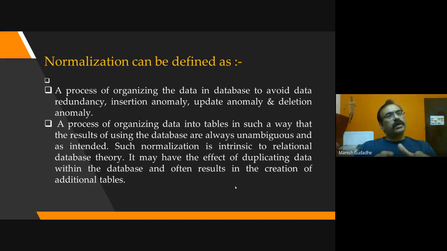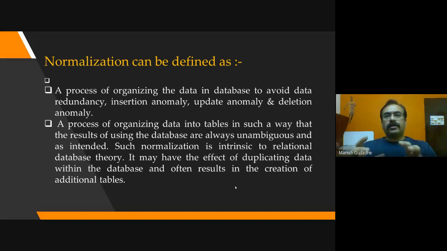This normalization is generally of 7 types. First normal form, second normal form, third, fourth, fifth, and sixth. These are the 6 normal forms which are a stepwise process of normalizing the database, along with one additional normal form called BCNF, that is Boyce Codd normal form, which will be after third and before fourth normal form.